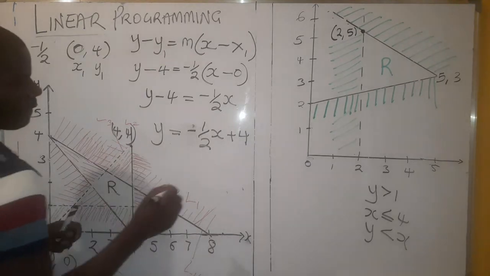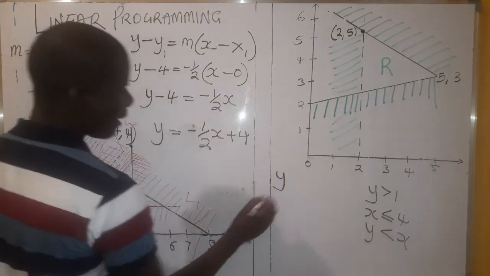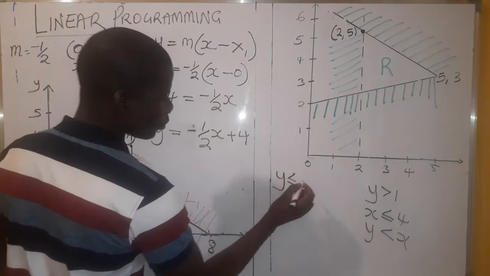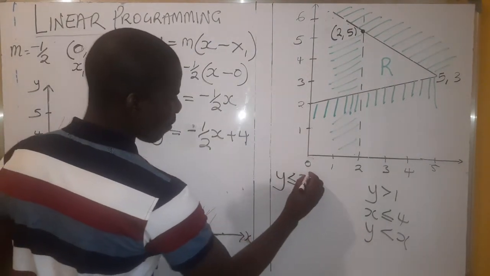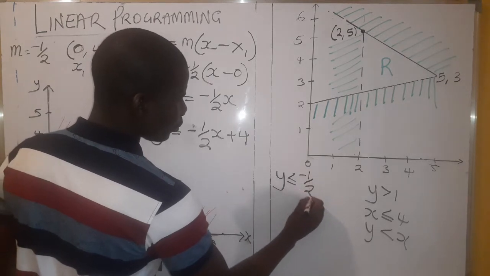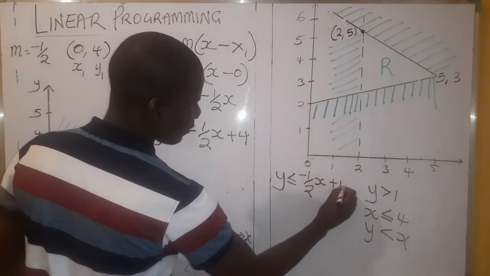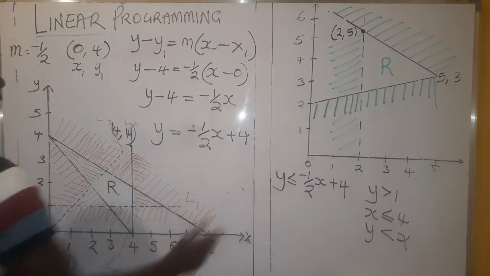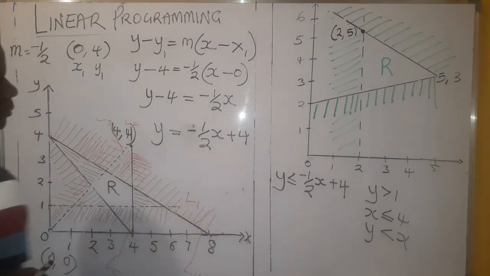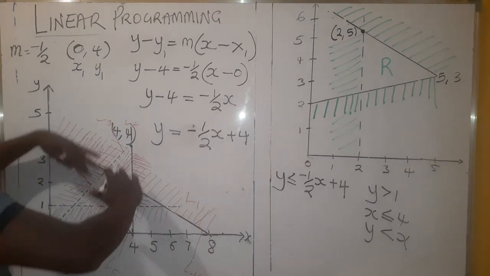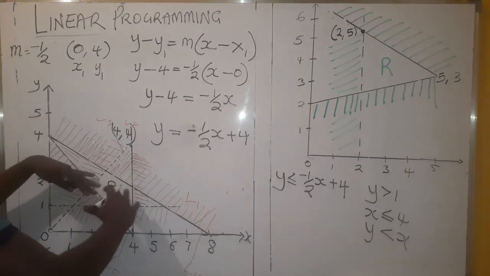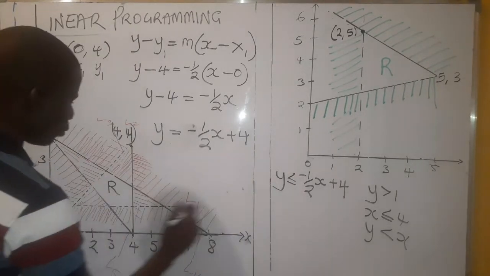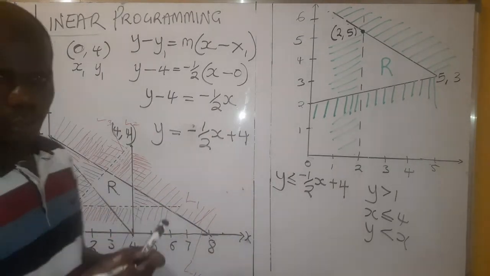So the fourth inequality is going to be y less than or equal to negative 1 over 2x plus 4. This is what is going to be our fourth inequality. Because we are looking at the true region, the unshaded region is below, which is less than or equal to, in that the line is solid.